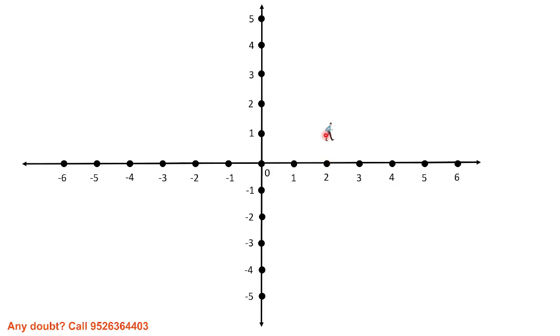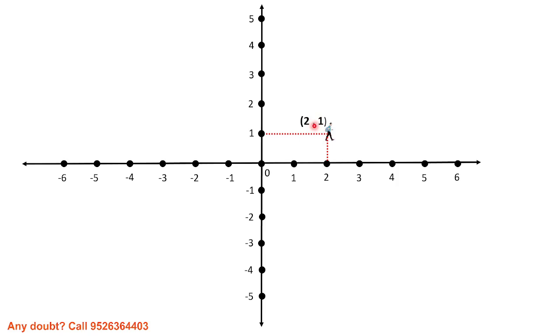We have to draw dotted lines vertically and horizontally. Vertically I have drawn the dotted line. It meets at 2. And horizontally I am going to draw a dotted line. It meets at 1. So we can say that his position is 2, 1. His position is denoted by (2, 1).